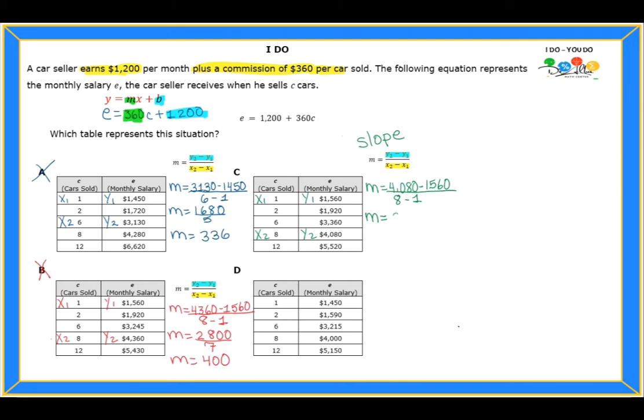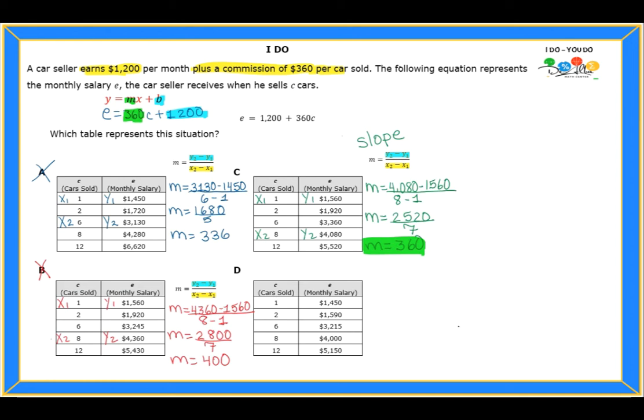And I get 2,520, all of that divided by 7. So if you divide those numbers, what do we get? We get 360. And I hope that you say, Miss, bingo, because that's one of the answers that I was looking for. So we're closer to finding the answer, right? So I got 360. So we're good with the slope.